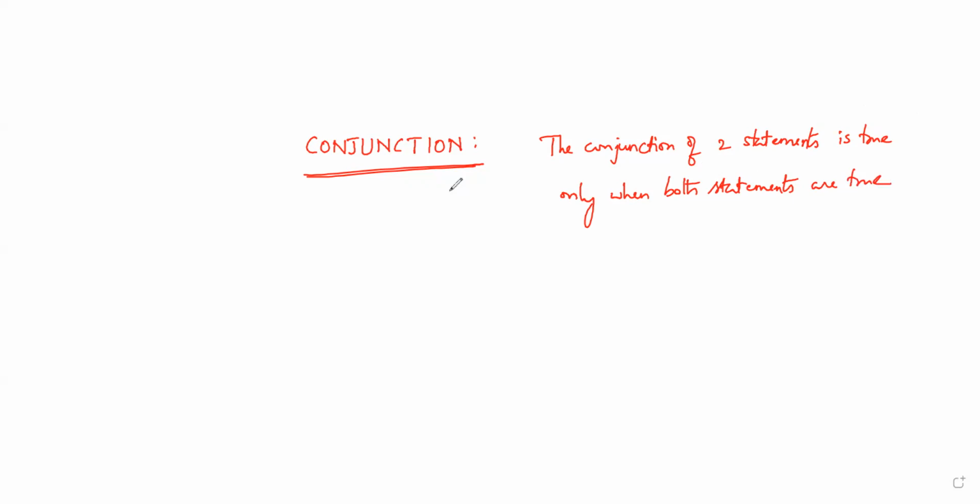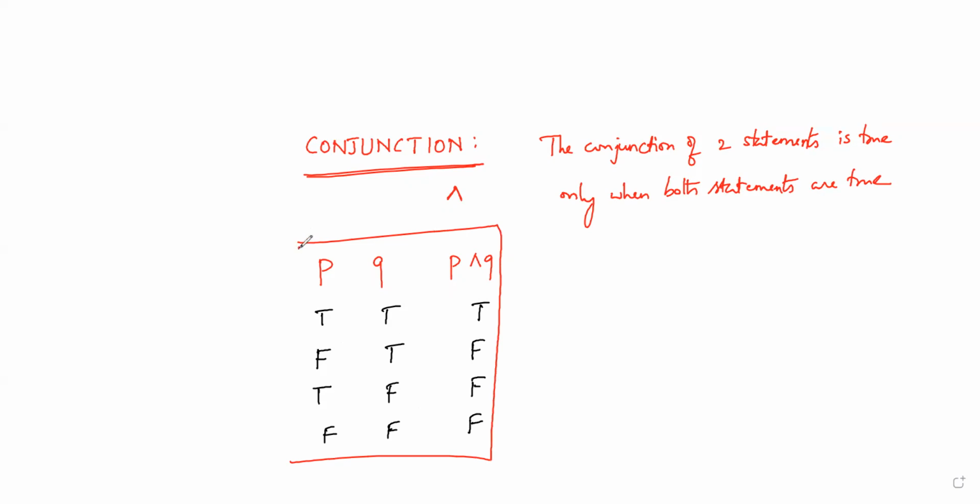And this conjunction is referred to like this, sir. So let us take p, q, p conjunction q. Now what will happen? Both are true, only then it will be true. P is false, q is true, conjunction will be false. This is true and this is false, conjunction will be false. Both are false, conjunction will also be false. Understood the difference between disjunction and conjunction, sir?